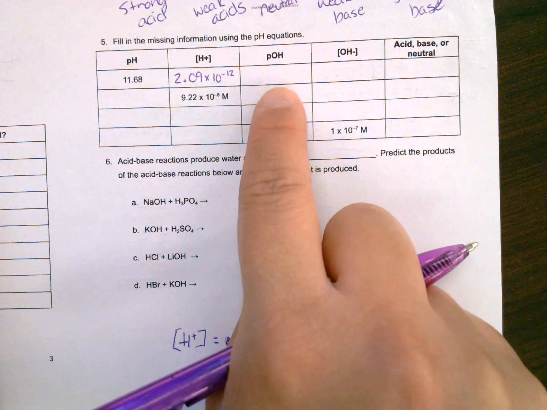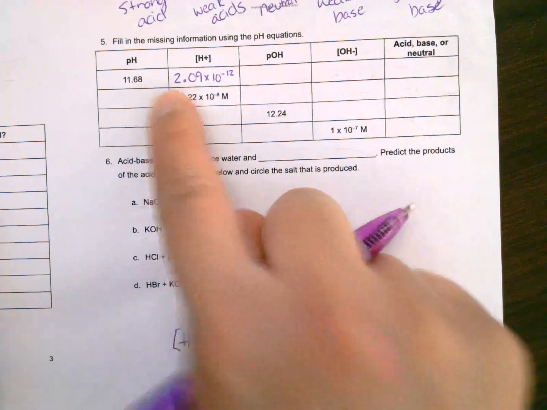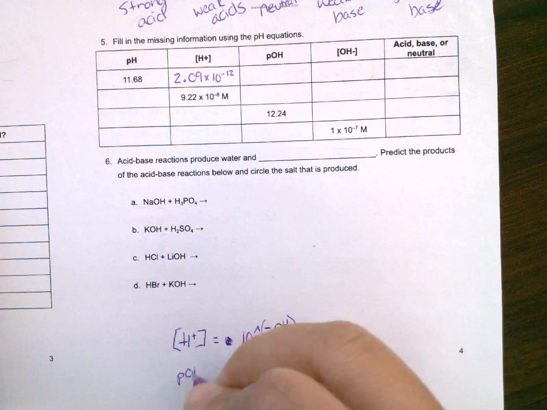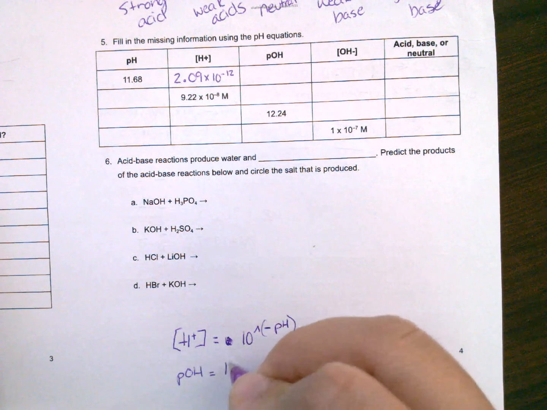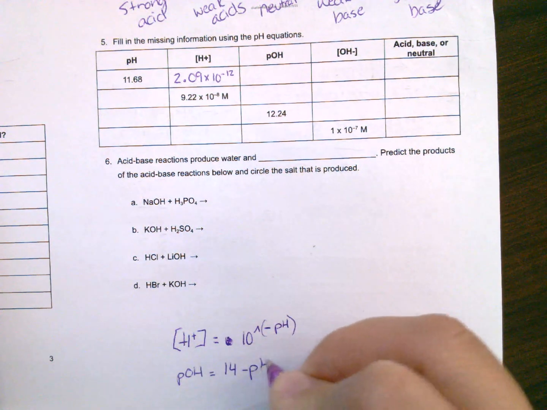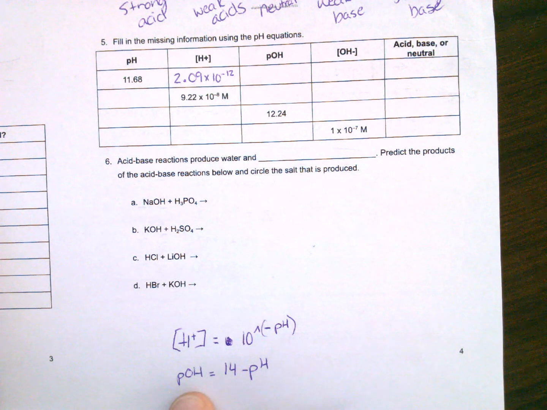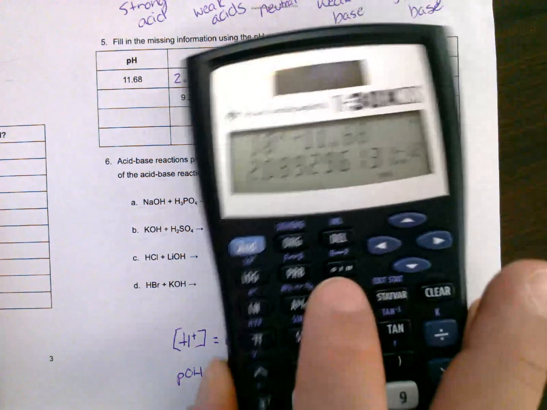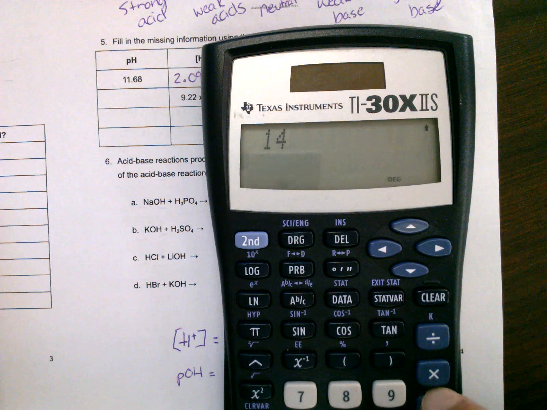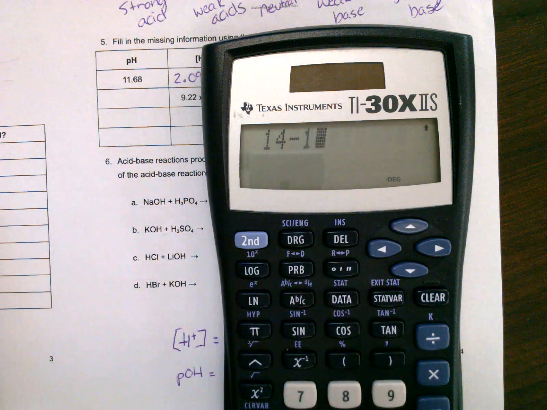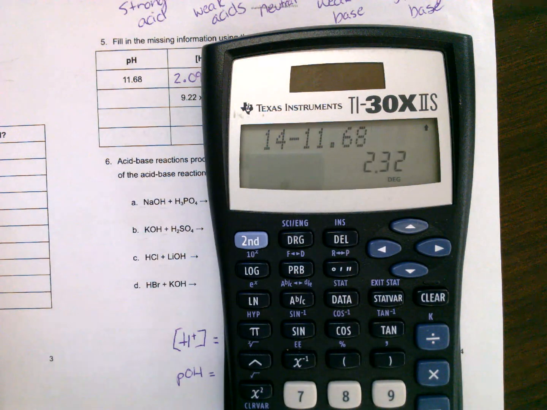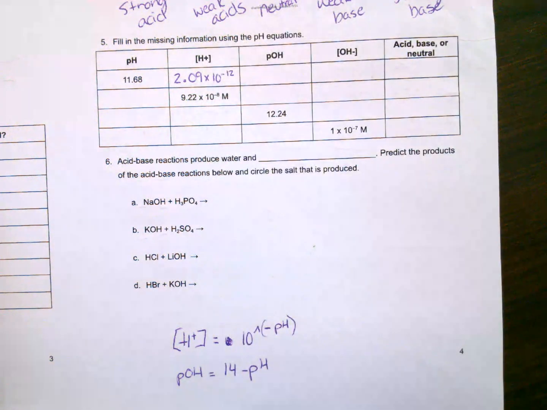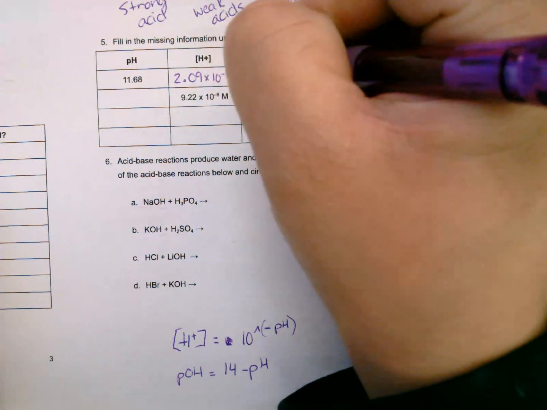Okay, next we need to figure out pOH. And we can figure that out with pH. So pOH can be 14 minus whatever our pH is, and that'll give us our pOH value. So we can do 14 minus 11.68, and that'll give us 2.32.